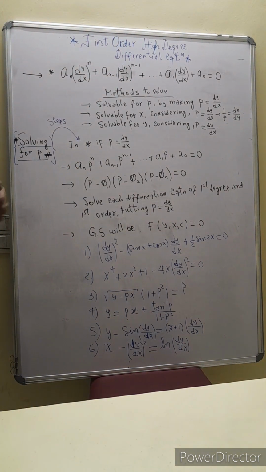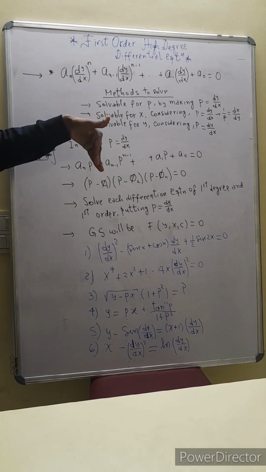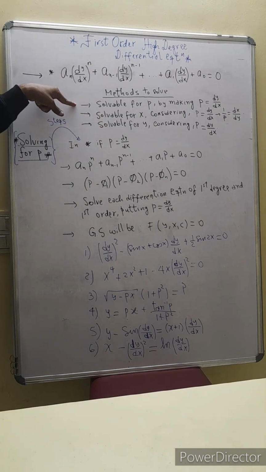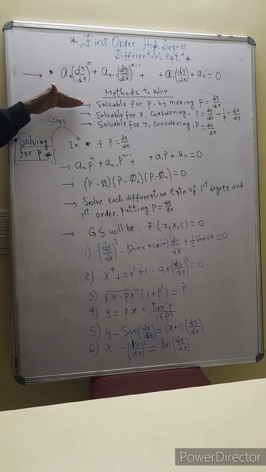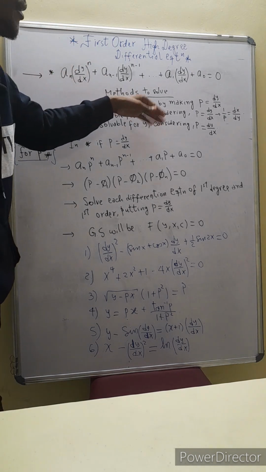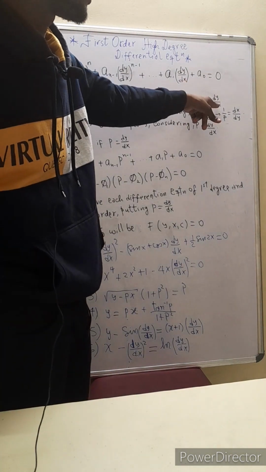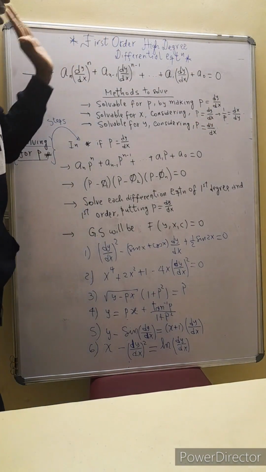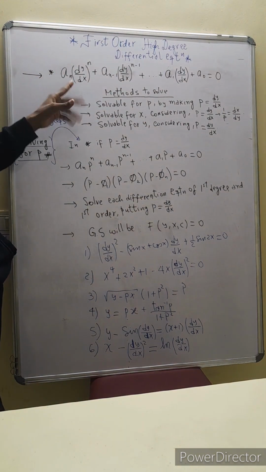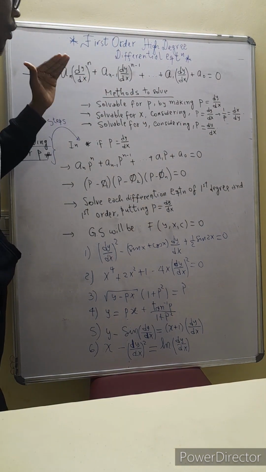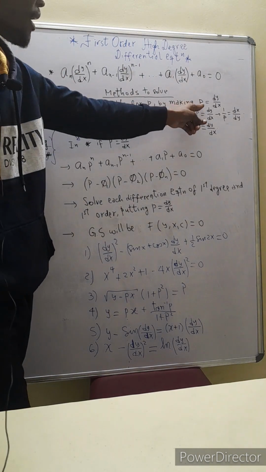Today we are going to see how to solve it. The first method is solvable for p, by making p equal to dy by dx. In this method, what we have to do is only change wherever you find dy by dx to p.